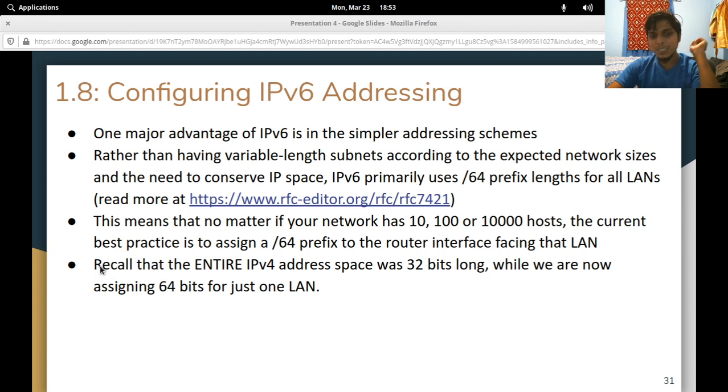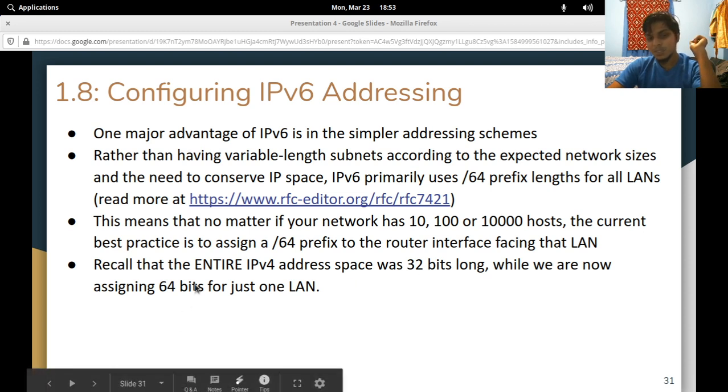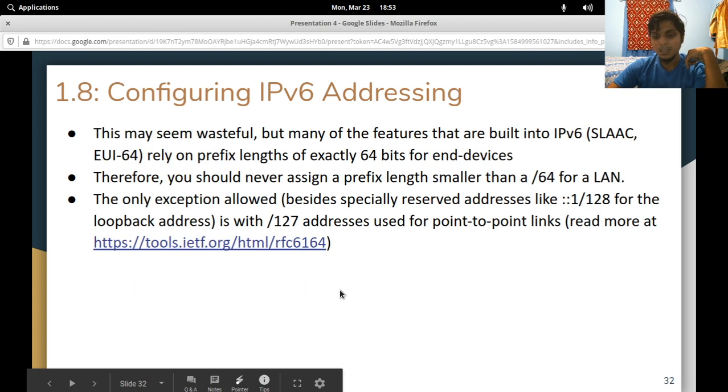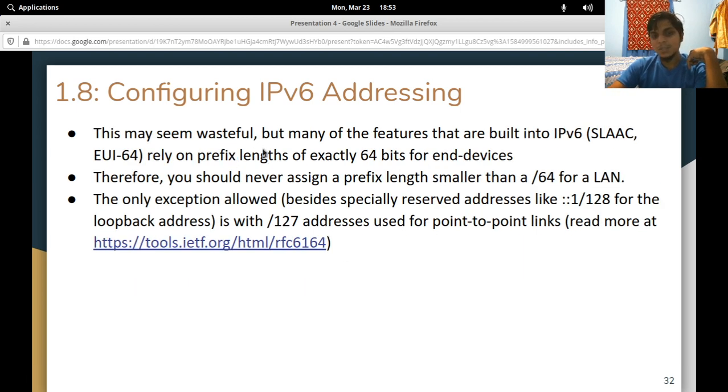Now recall that the entire IPv4 address space was just 32 bits long, while we are now assigning 64 bits for just one LAN, as in one tiny office network. So this may seem wasteful, but many of the features that are built into IPv6, which we'll discuss in a little bit, SLAAC or EUI-64, rely on prefix lengths of exactly 64 bits for end devices.